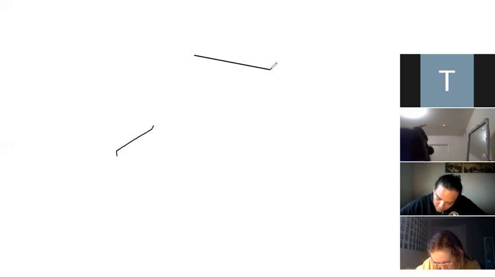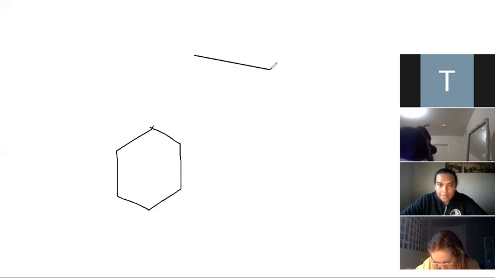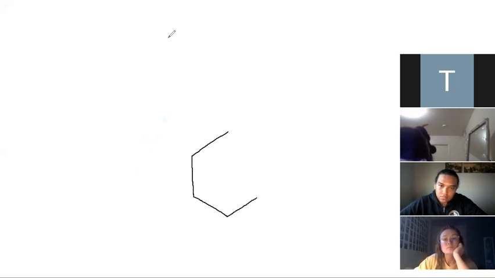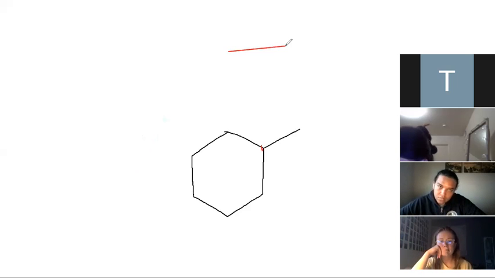But for an example here, actually, I'm going to try this again, and I'm going to draw this in the middle. Say that we have our substrate here, like this, and we have our leaving group, which we're going to say is a bromine.